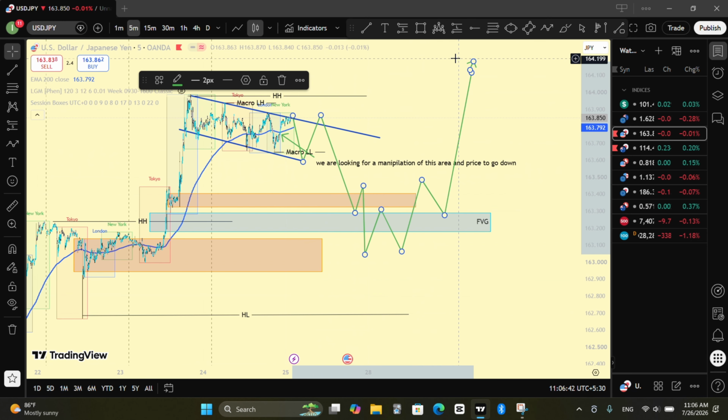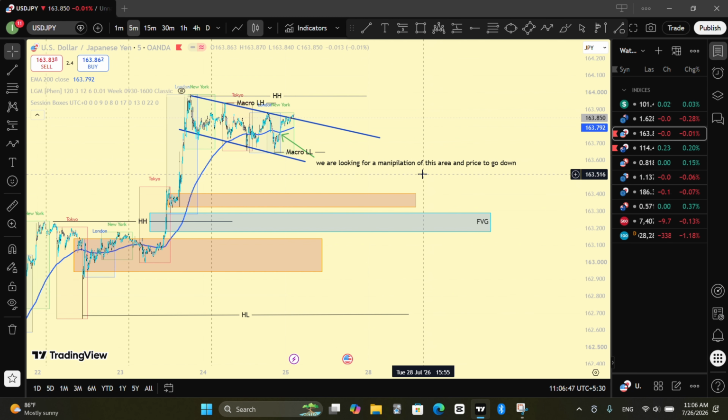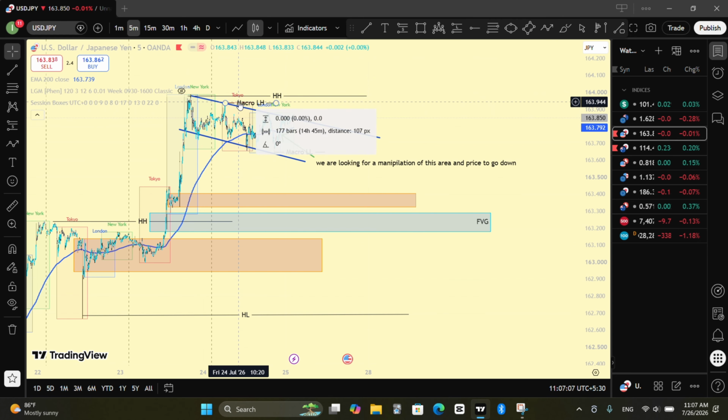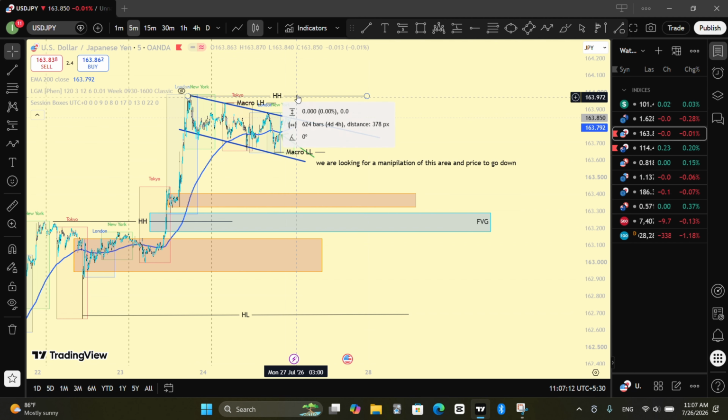It would make up a good trade, and you can even hold the trade for like 2 days and get an even nicer risk reward. But I don't recommend holding your trade for over 1 day. If you can capture this trade early, you can hold it. You can see Tokyo highs is right around here. So price will manipulate the Tokyo highs too, then head to the downside.